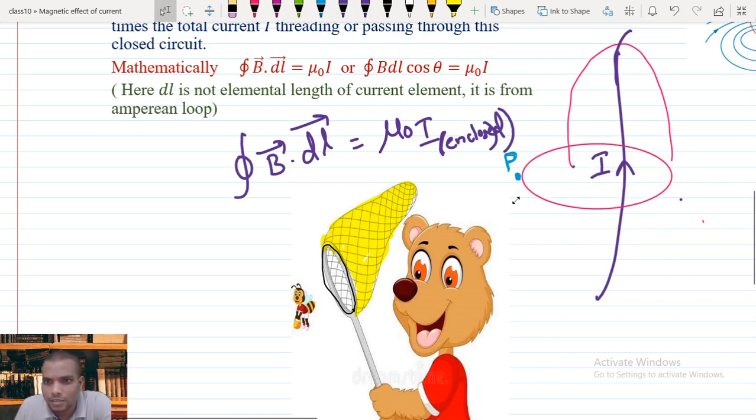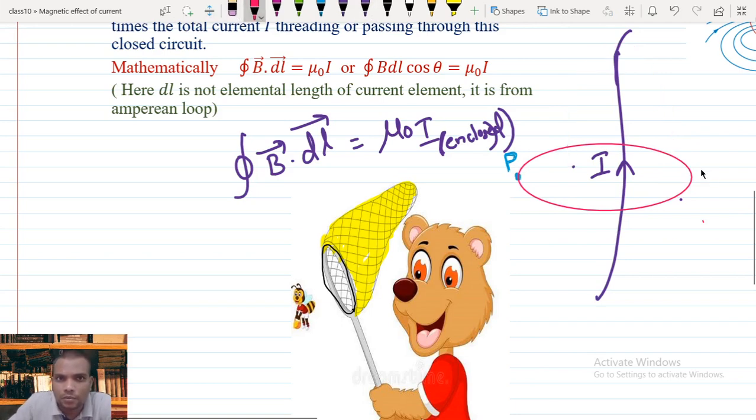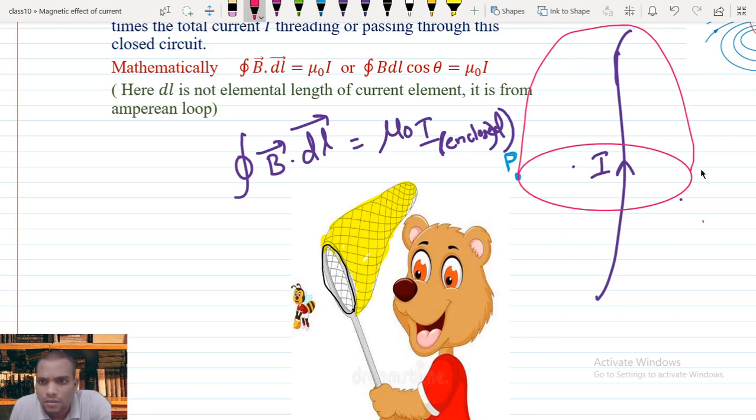If we extend this loop till that point, we get something like that. This time I will change the shape of the Ampere loop. Now it happens something like this, since the area has increased.